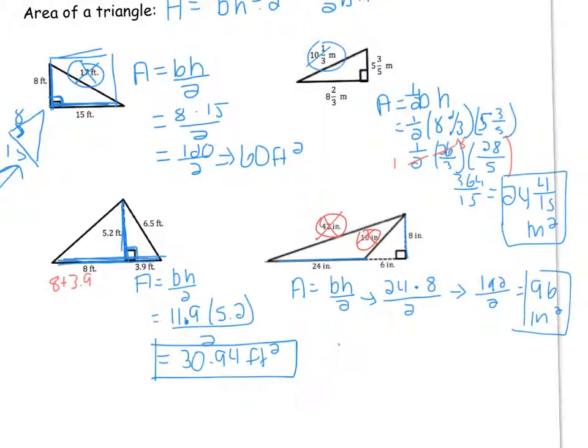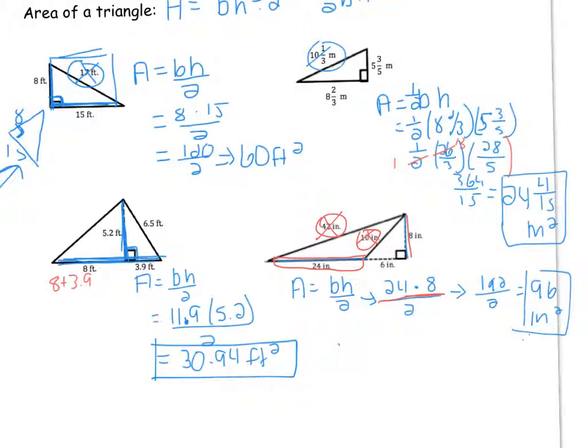We are just using this. Okay, so here's the base. The base's length is 24 inches, and my height is 8 inches. So I did base times height divided by 2, and ended up with 96 inches squared.